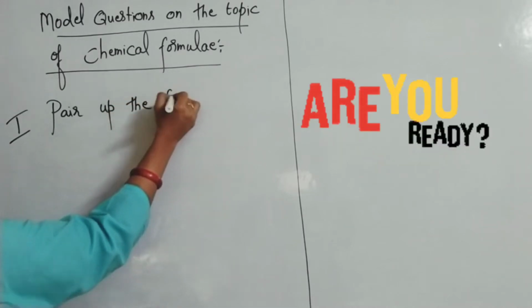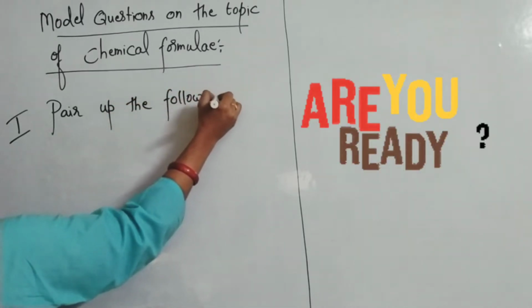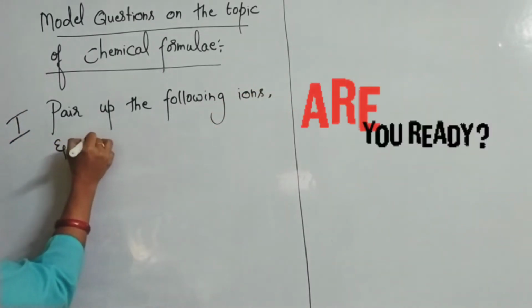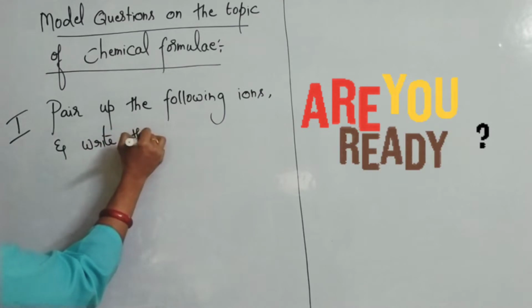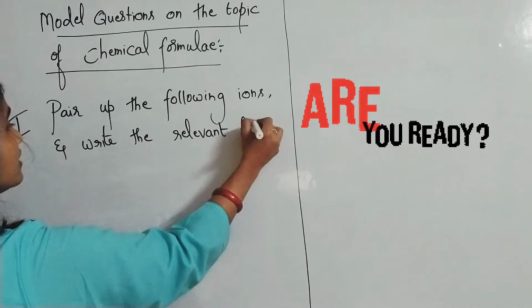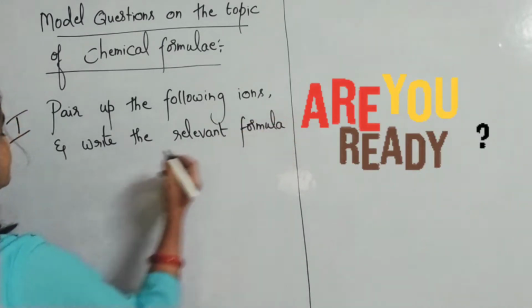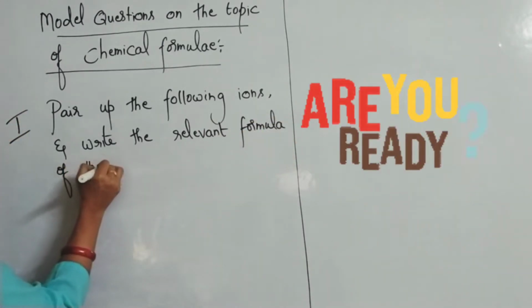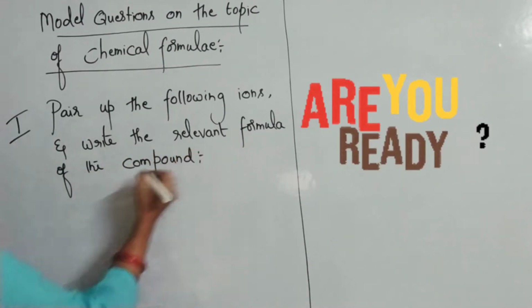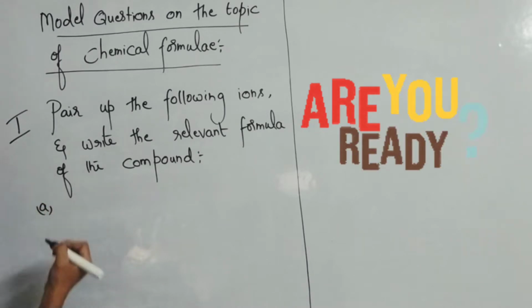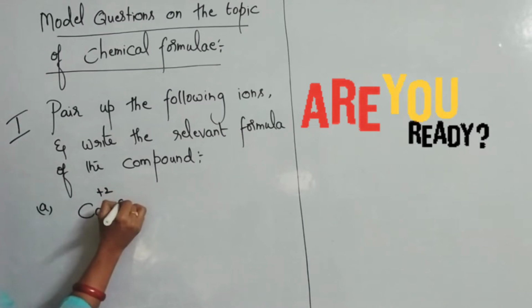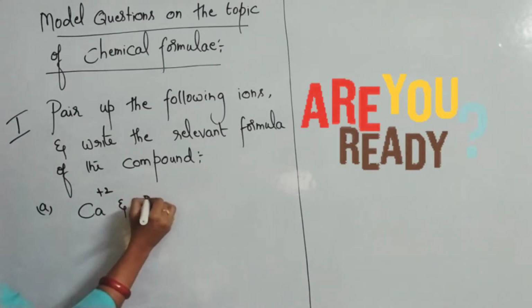In the first question, two ions are given, Ca plus 2 and PO4 minus 3.